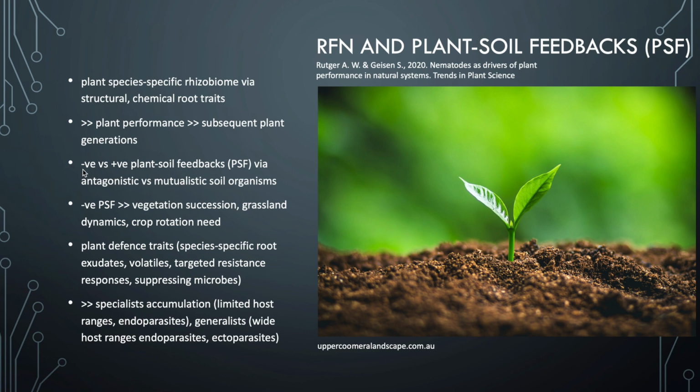So the negative soil feedbacks are, for example, when there is a root-feeding nematode infestation, and positive plant soil feedback happens when the plant has only mutualistic or beneficial organisms within its rhizobiome. However, negative plant soil feedback leads to vegetation succession and determines grassland dynamics and also whether crop rotation might be needed in an agricultural system.